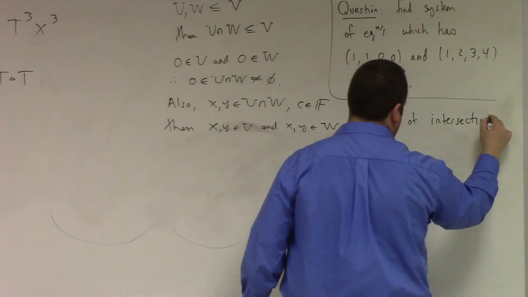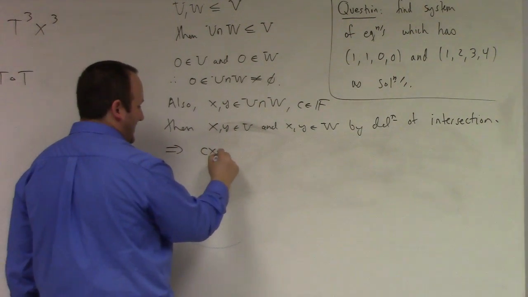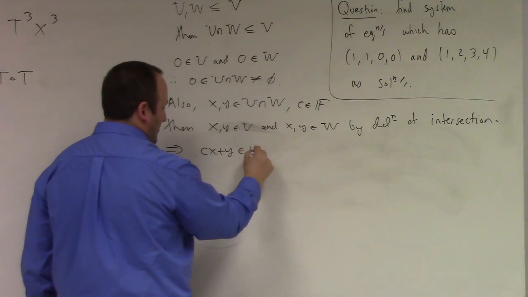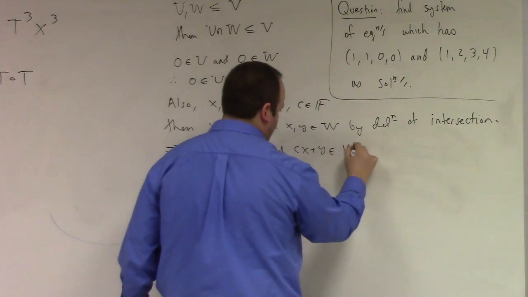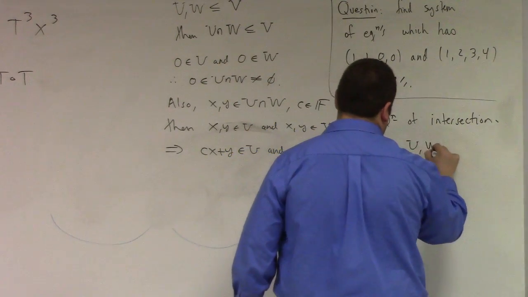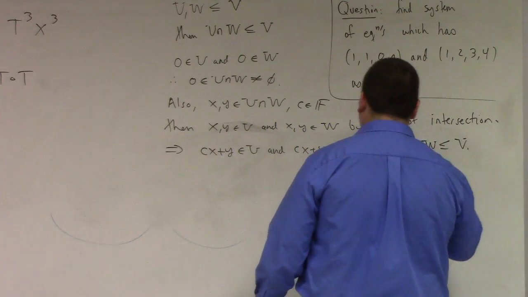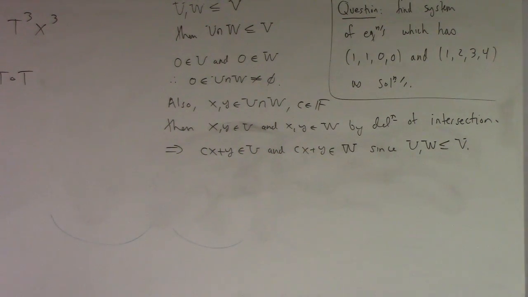So cx plus y is an element of U, and cx plus y is an element of W, since they're subspaces, so they're closed under addition and scalar multiplication.